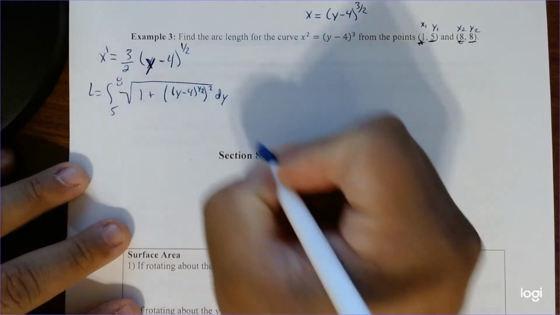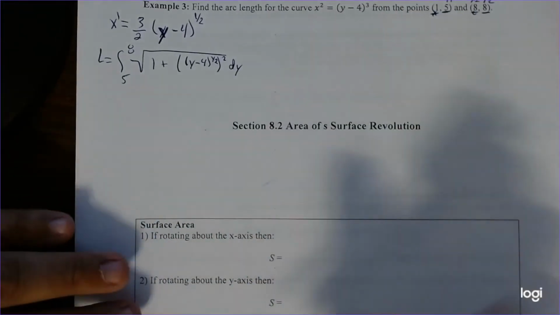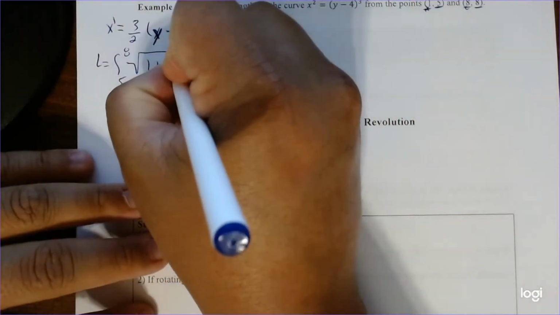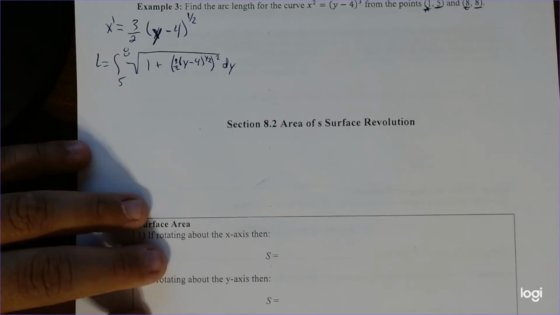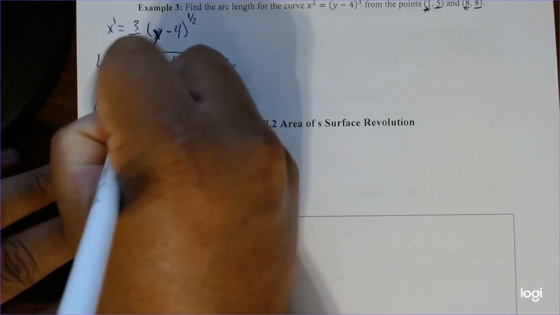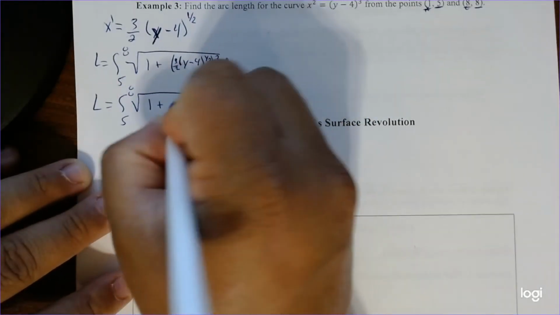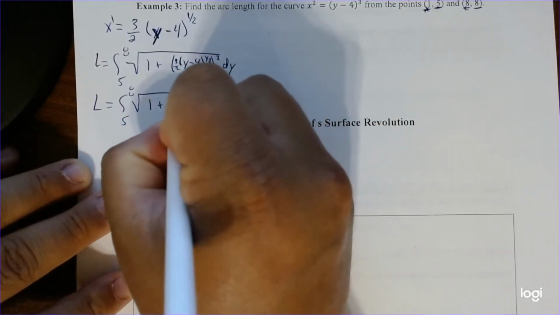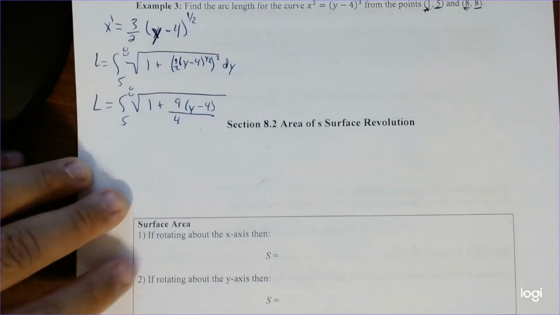And notice this is a kind of nice one because stuff cancels pretty nicely, right? Oh, I forgot my fraction. 3/2 there. So simplifying this a little bit. So squaring that gives you 9 on the top and 4 on the bottom of just y minus 4, because those cancel away.